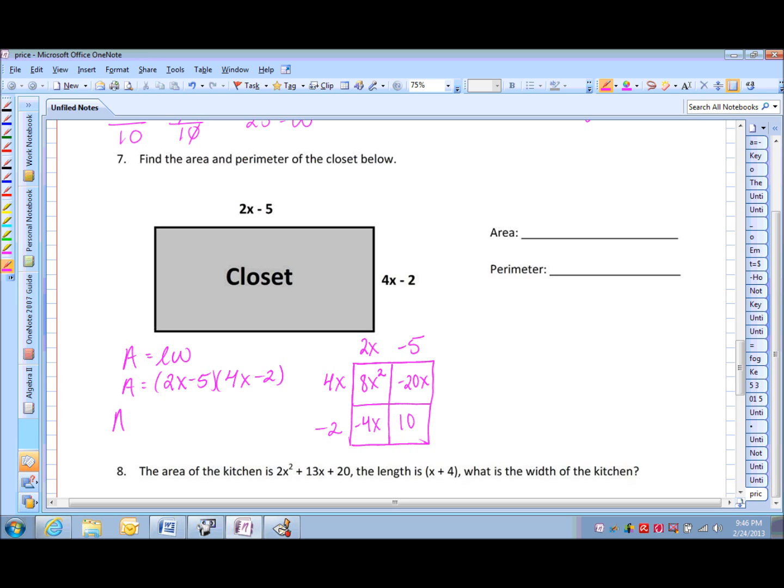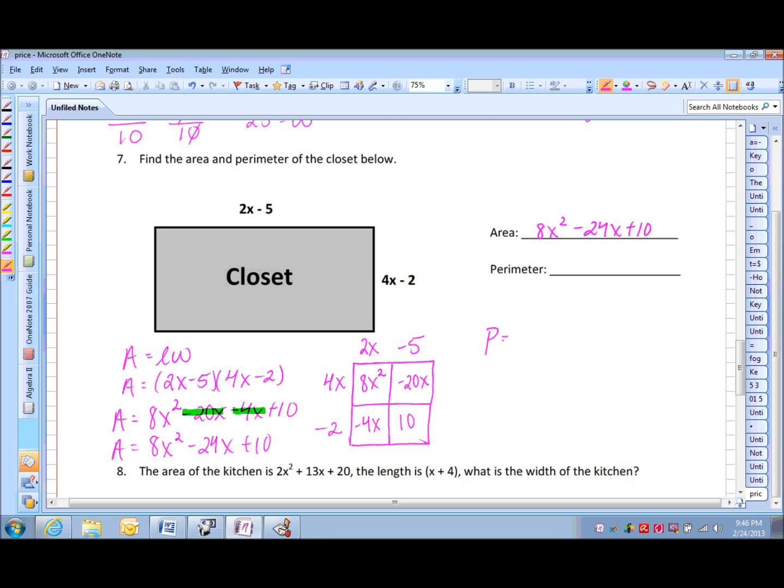So the area of this closet is 8x squared minus 20x minus 4x plus 10. And when you combine your like terms, the negative 20x and the negative 4x, you end up with 8x squared minus 24x plus 10. So my area is 8x squared minus 24x plus 10.